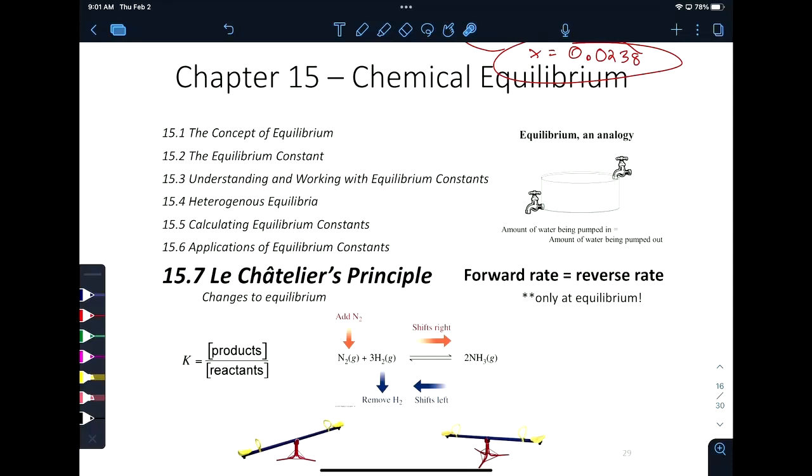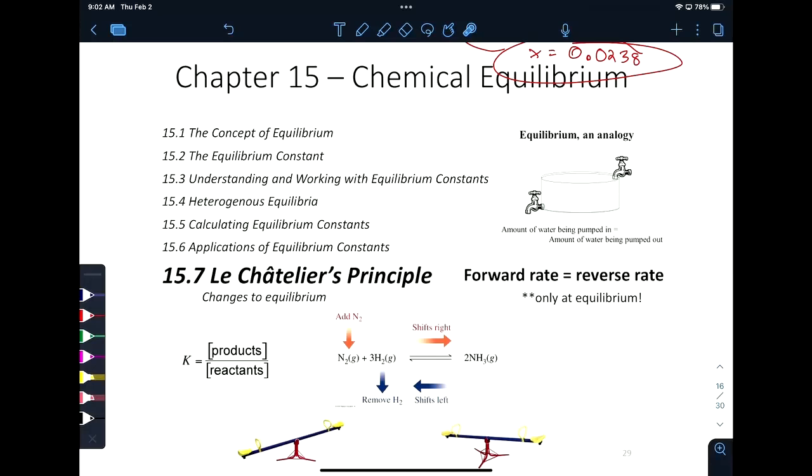If we're already at equilibrium and we throw in more reactants, how does the equilibrium need to adjust to that change? Or we could remove reactants or products. Again, how does the equilibrium need to change? Keeping in your back pocket that K is just products over reactants will allow you to figure out which direction it needs to go to reestablish equilibrium.